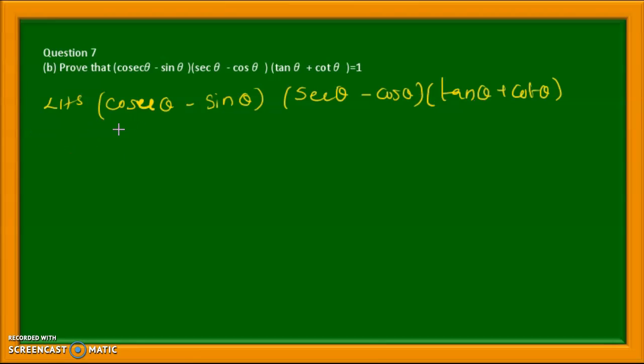Now look here, cosec theta we can write as 1 by sin theta, so 1 by sin theta minus sin theta. The same way, sec theta we can write as 1 by cos theta, minus cos theta.